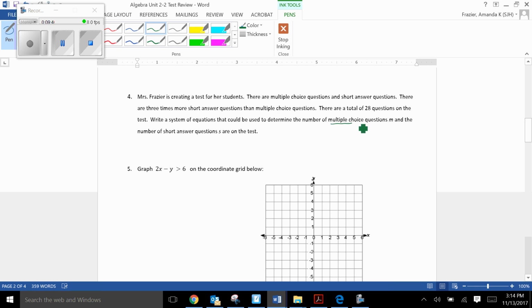Okay, so I have multiple choice questions, M, and I have short answer questions, S. And I know I have a total of 28 questions. So if I add my multiple choice plus my short answer, I'll get 28.